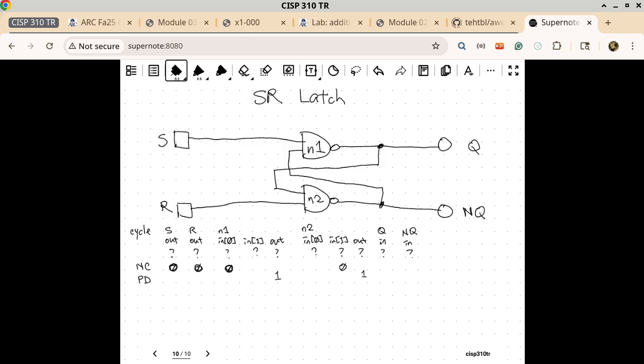Are we good so far? So on the PD row, we do not say, oh, Q is going to be a 1 and NQ is going to be a 1, because the PD row is only responsible to indicate a change of the output port of a component where the previous NC row has a change of the input port.